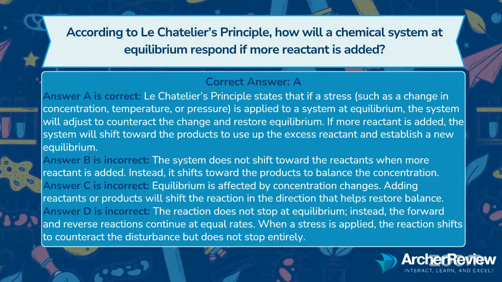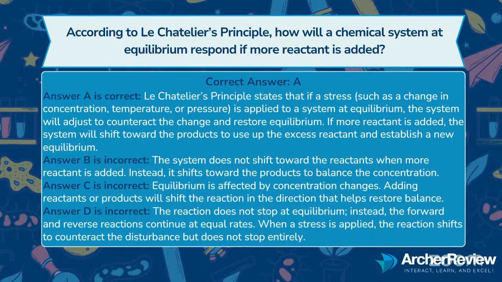Answer C, equilibrium is definitely affected by concentration changes. We talked about that yesterday. There are several things that impact equilibrium, and concentration is one of them. And then answer D, no, the reaction is not going to stop at equilibrium. Instead, the reactions continue at equal rates.